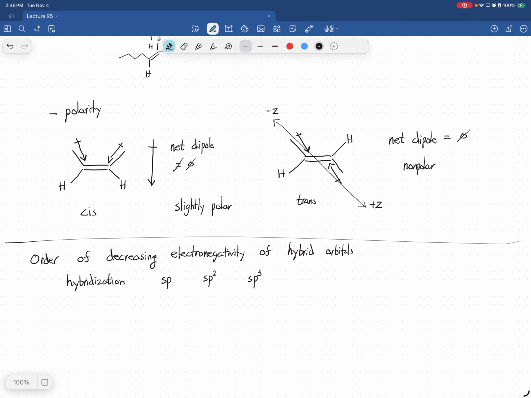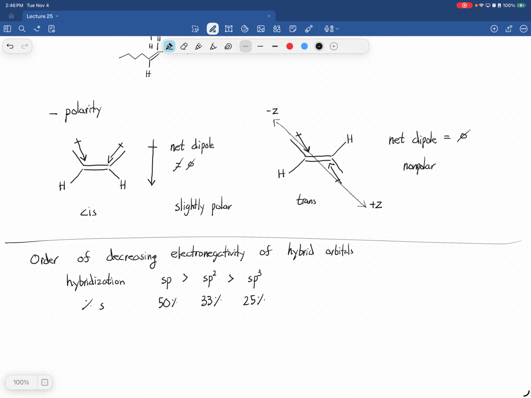Those are the only three you need to remember in OChem, right? Simpler that way. All right, so what's the percent S character, do you guys remember, for sp, sp2, and sp3? So how about sp? 50. And then here, 33%, right? And then how about for sp3? Yeah, you got it. Good.